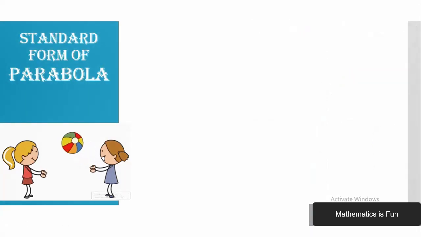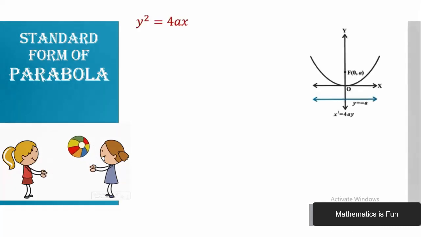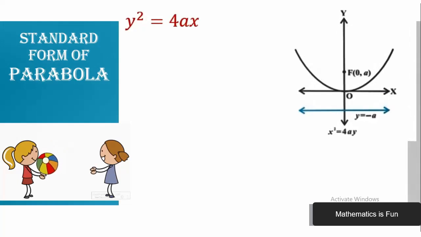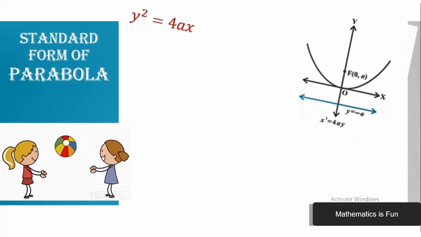Now let's see what the standard form of the parabola is. The standard form is for parabolas whose vertex is at the origin, that is, the values of h and k are 0. Here is the parabola which opens upward.